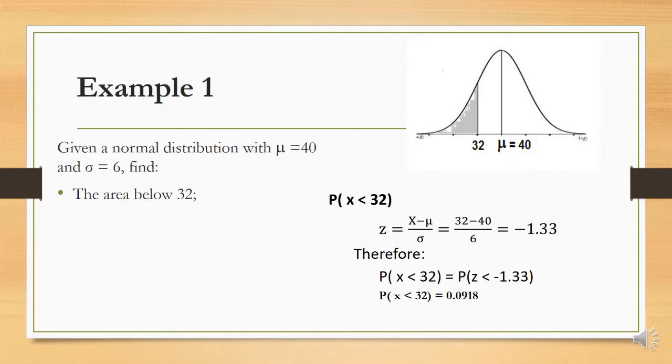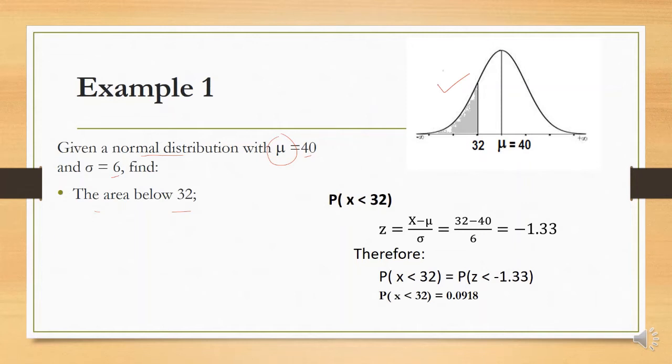So, let's have an example so we can understand. Given a normal distribution with mu of 40 and standard deviation of 6, we are asked to find the area below 32 of our curve. It helps to draw an illustration so you can visualize which area is being asked for.